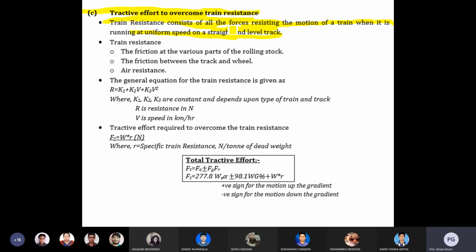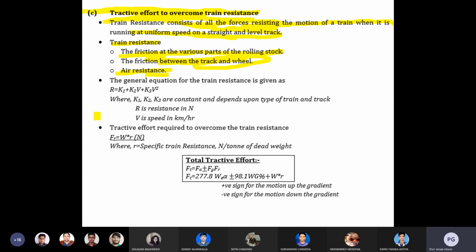What are the important factors of train resistance? The friction at the various parts of the rolling stock, the friction between track and wheel, and air resistance. These three are the main important things.